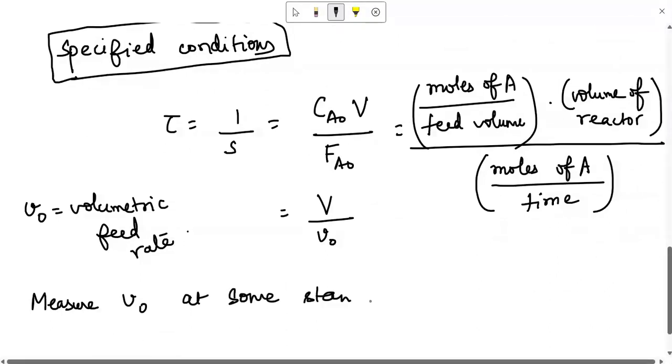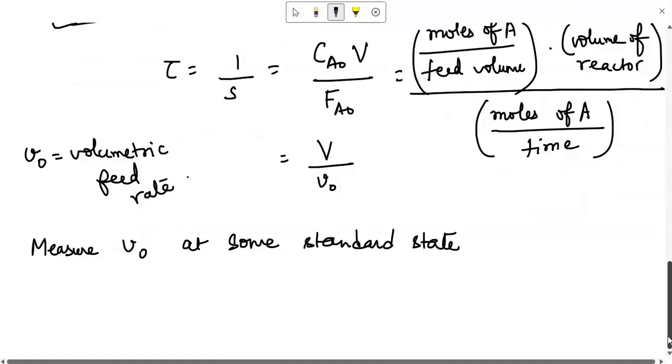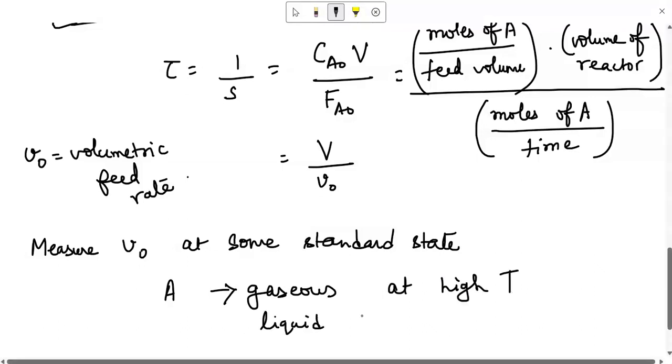standard state. Especially, you must keep this in mind if you are to operate your reactor in various temperature conditions. Why? Because let's say you have a material, material A, and this is gaseous at high temperature, but it becomes liquid at low temperature.